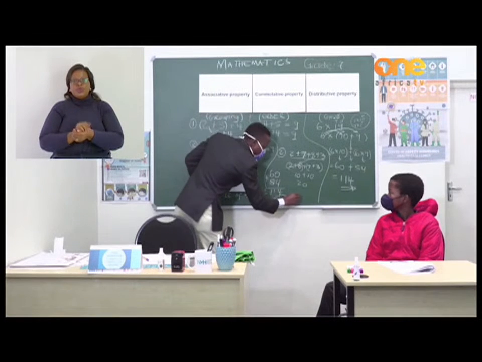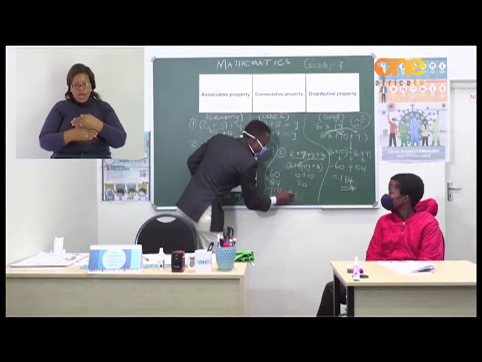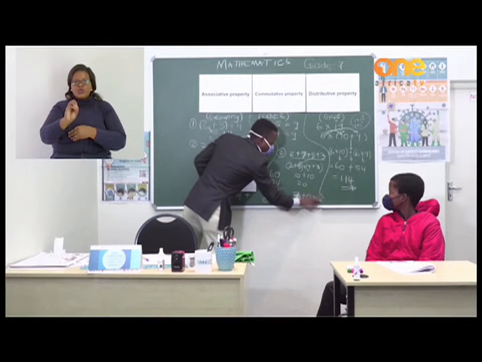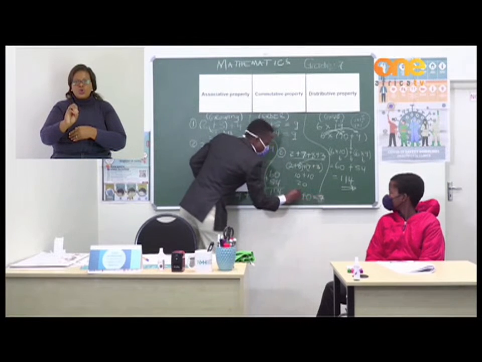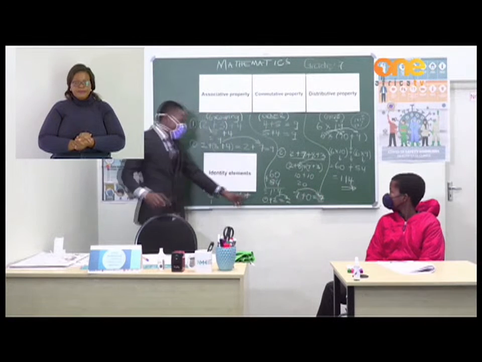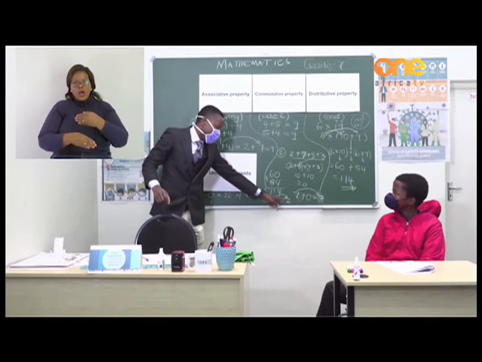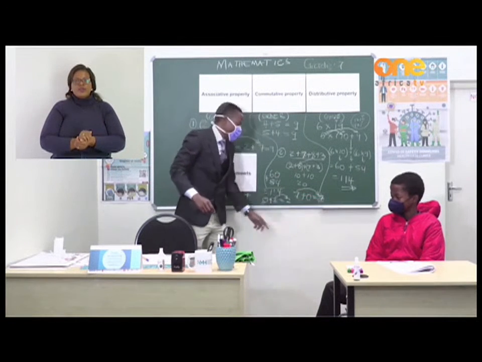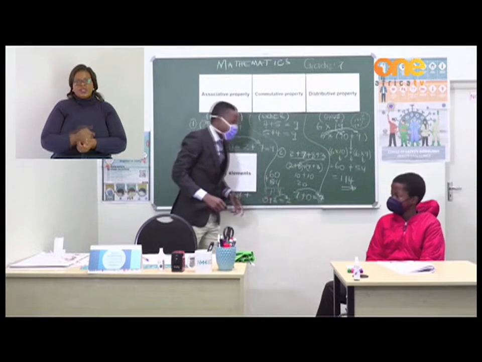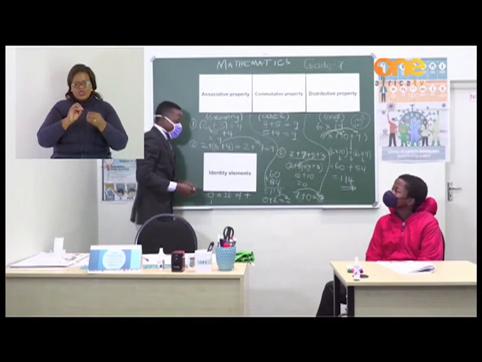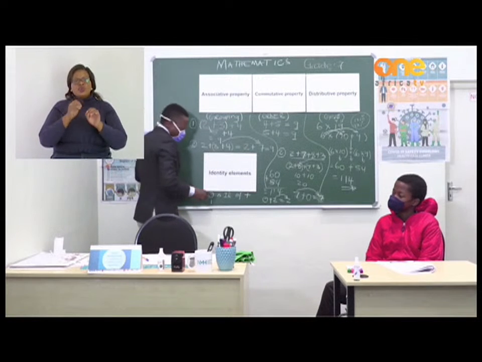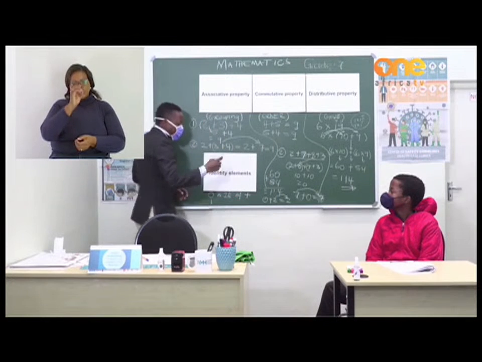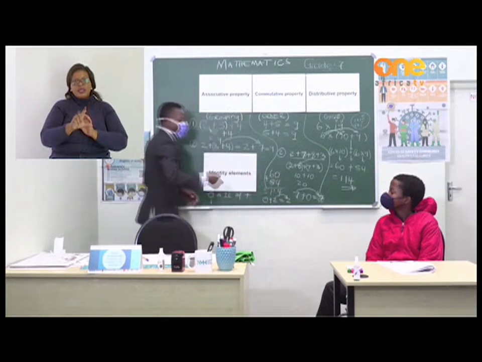Let's say it's 7, you add a 0, you get 7. When you add 7 to 0, you get that 7. Zero is nothing, so you must understand it from that angle. 0 is an identity element of addition because if I add 0 to a number, the answer will be that number.